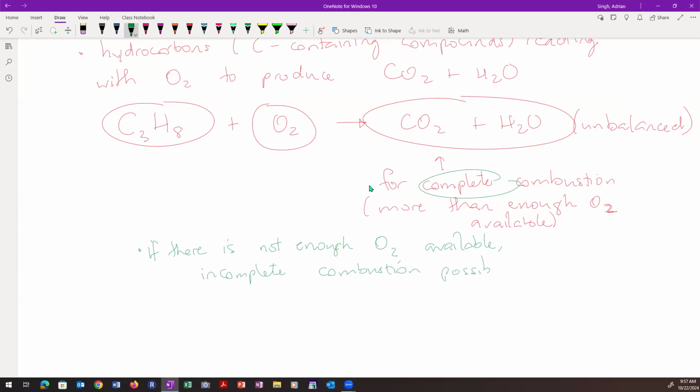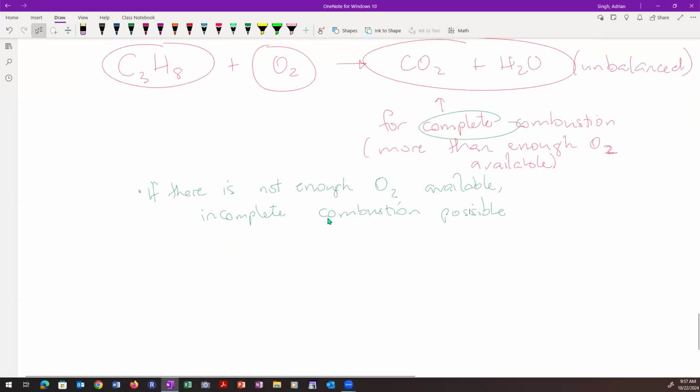And if the fuel isn't being burned completely, then there's another product that we're going to make, which is carbon monoxide. So carbon monoxide can be generated, which is CO.